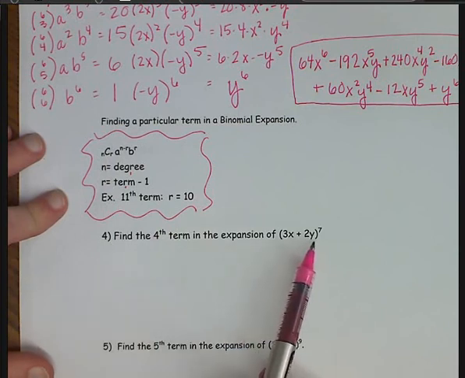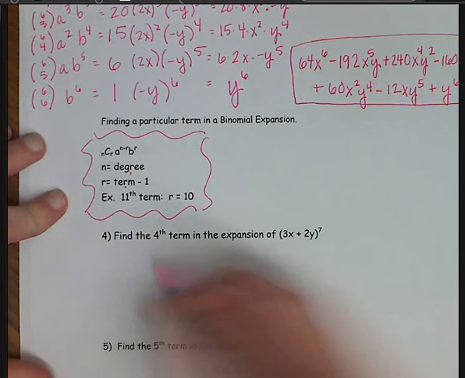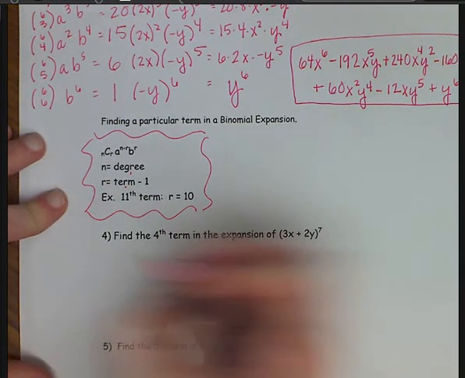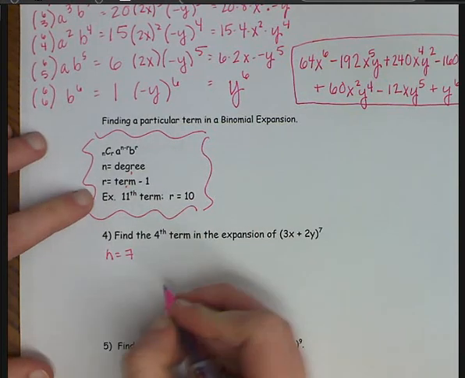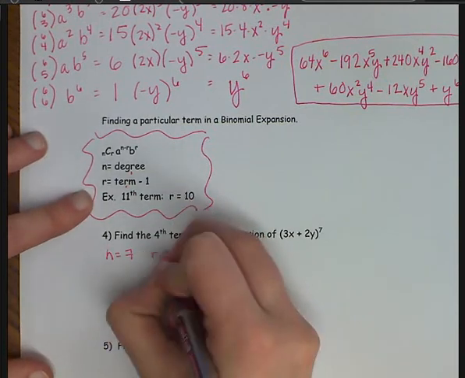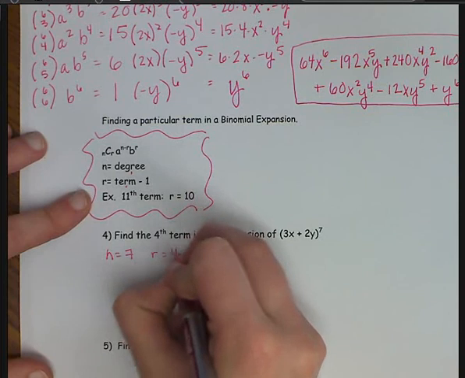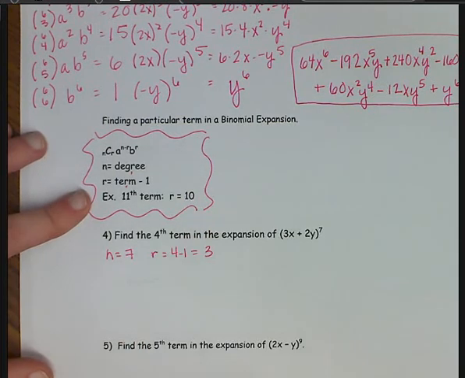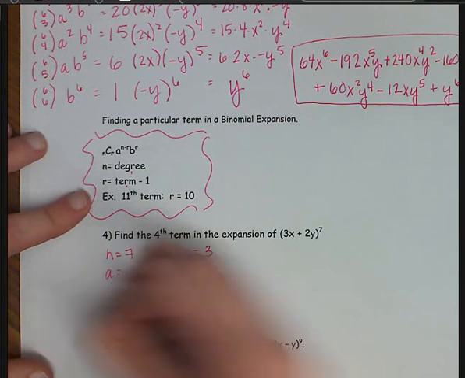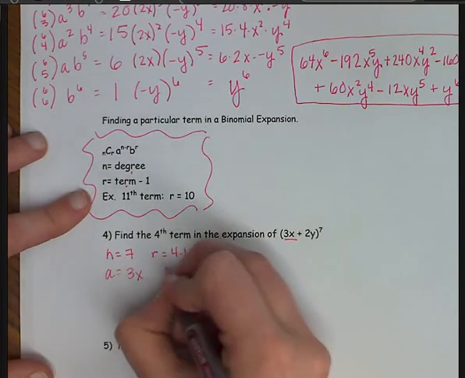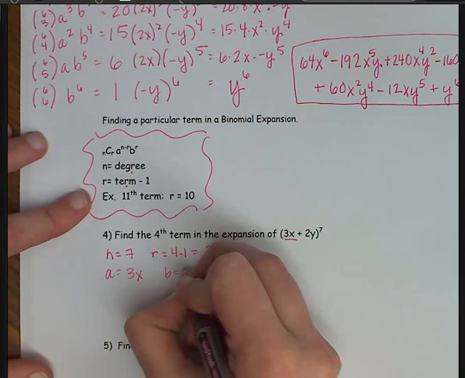So our n is going to be our exponent, which is 7, so n equals 7. Our r is going to be the term we want to find minus 1, so 4 minus 1 gives us 3, so our r is 3. Our a is our first term, 3x, and our b is our second term, which is positive 2y.